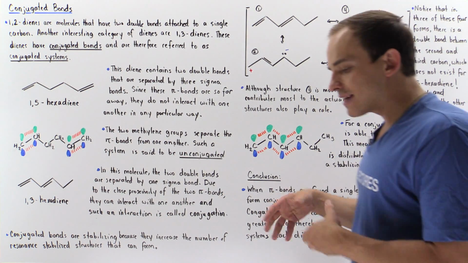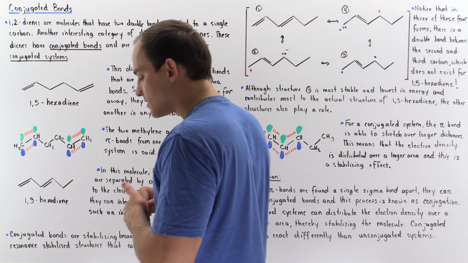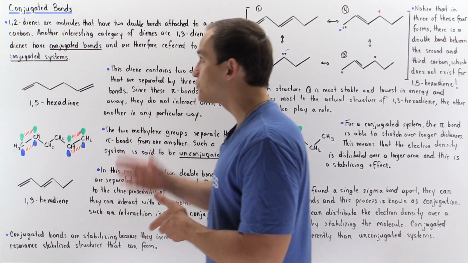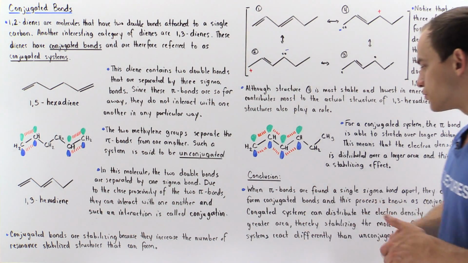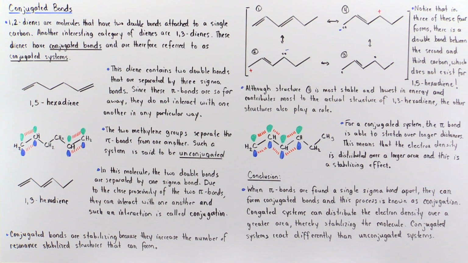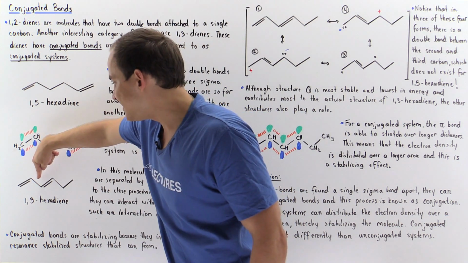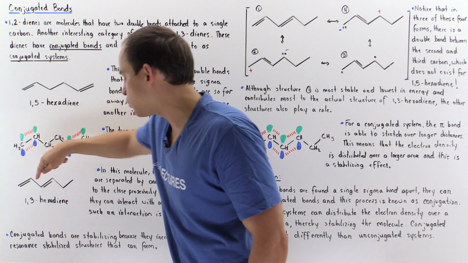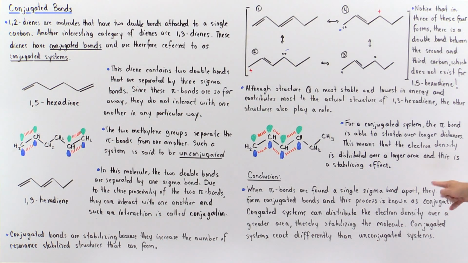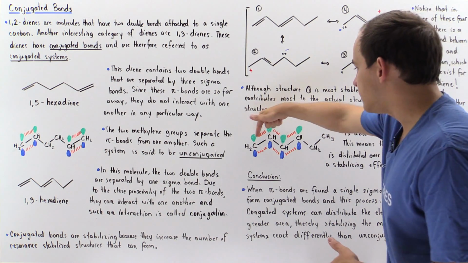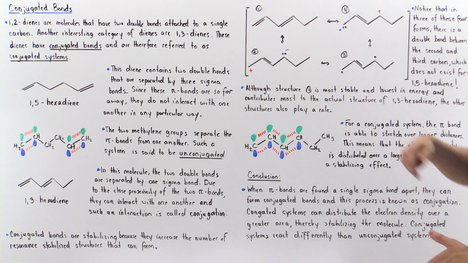So what exactly can we conclude about our discussion on 1,3-dienes and conjugated systems? Basically, when pi bonds are found a single sigma bond apart, as in this case, they can form a conjugated bond that stretches over this entire region here.